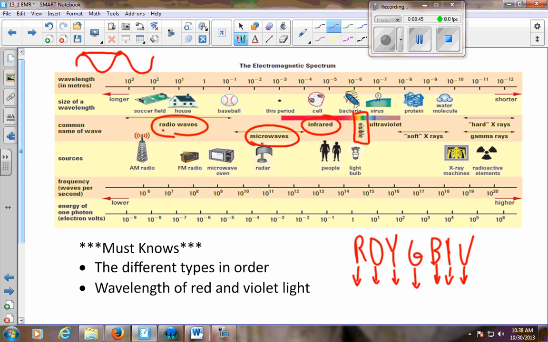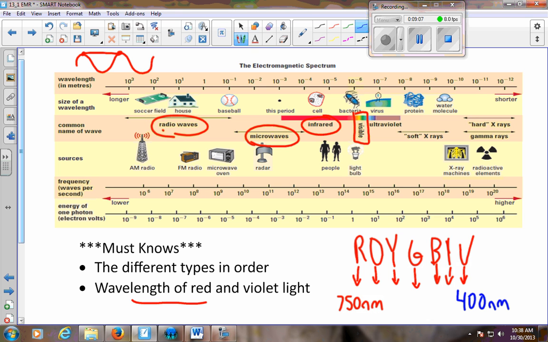I also want you to know that red has a wavelength of about 750 nanometers. That is a must know. You have to have that memorized for red. And on the opposite end, violet has a wavelength of around 400 nanometers. So these are really important.